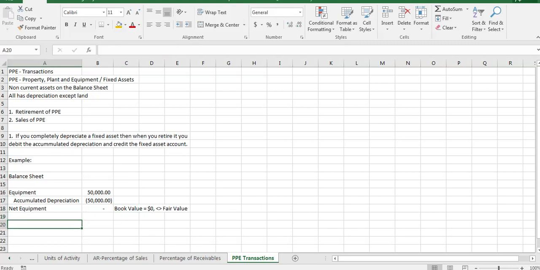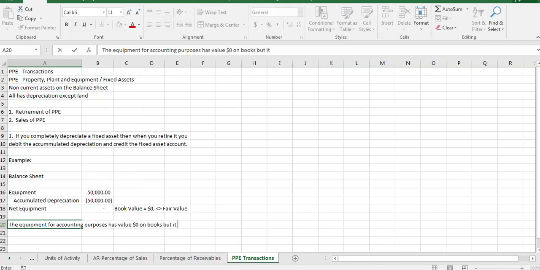You could sell that equipment for any other amount, because sometimes all you have done is allocate your historical cost over a series of periods, and at the end, since the equipment is still usable, you can still sell it. So this is just for accounting purposes.